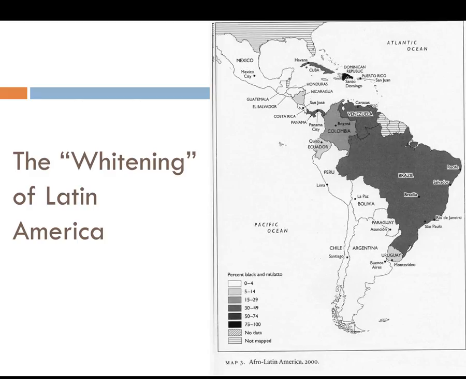By 2000, this continues to happen even more, to the point where we have very low proportions of Afro-Latin Americans in much of Latin America by 2000.